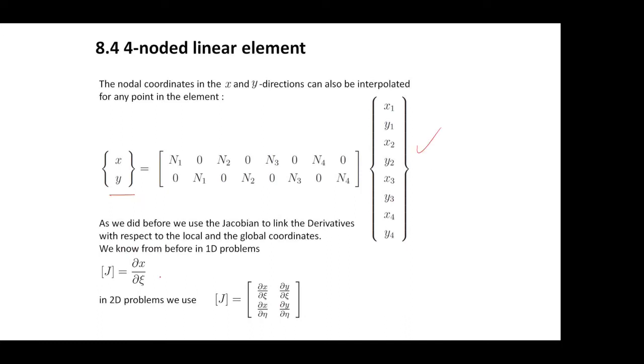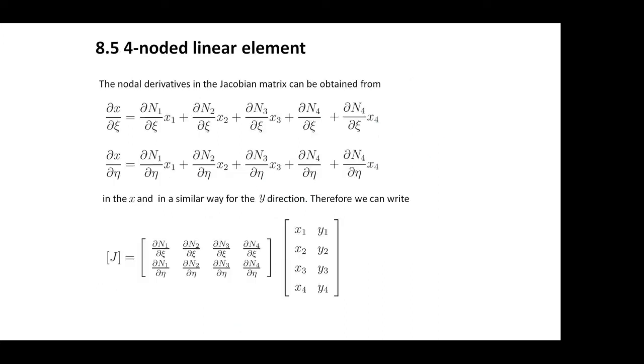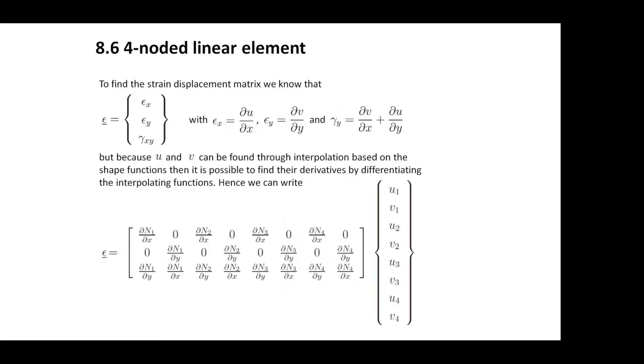And then you have the Jacobian. The Jacobian in 1D would look like this. This is how the Jacobian would look like in 2D. And you need to identify the components of the Jacobian. So this is how you identify the components of the Jacobian. You have the strain. These are the components of the strain, and you just multiply them. You get the strain vector, which is here.